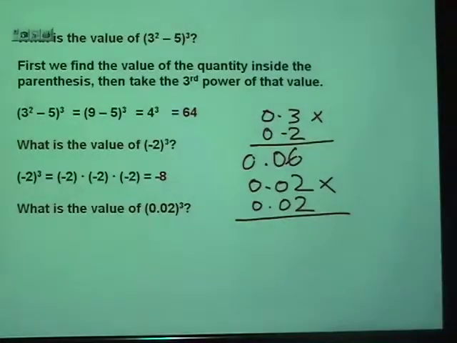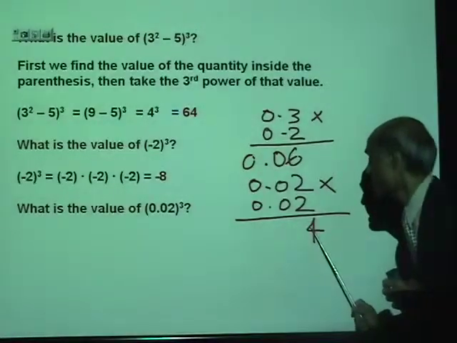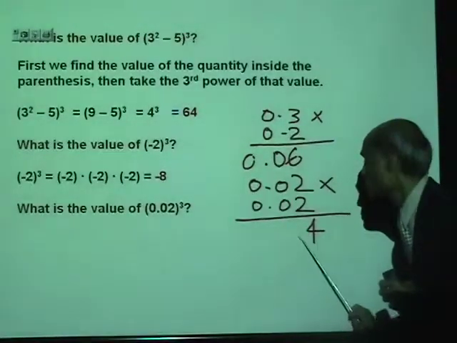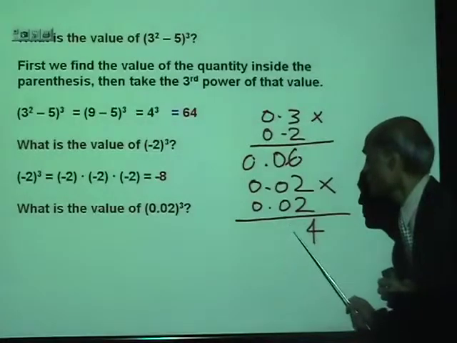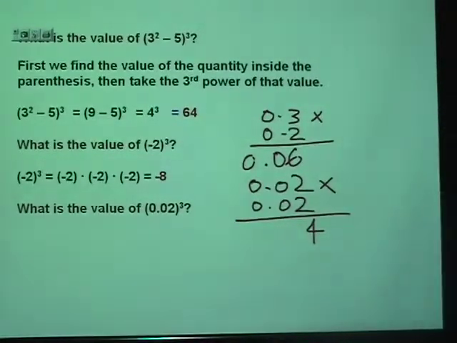Alright? That means I multiply 2 times 2 is 4. I need to write this using 4 decimal places. So I start counting 1, 2, that's a 0, 3, 4, and then put my decimal.